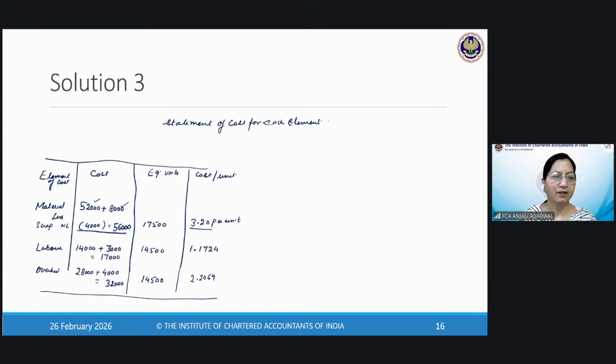Finally, take the cost of material, add to it the cost of opening WIP material, subtract the normal loss, and you will get the total material cost. Similarly, labor cost plus the labor cost in opening WIP. Overheads cost plus the overheads cost in the opening WIP. This becomes your total cost.